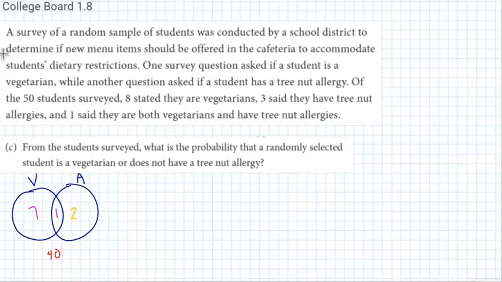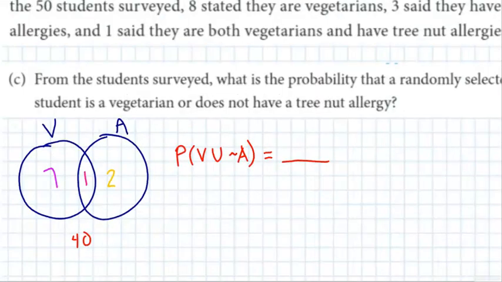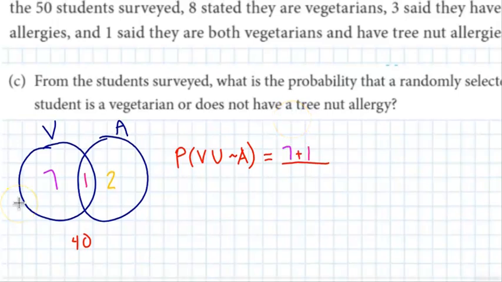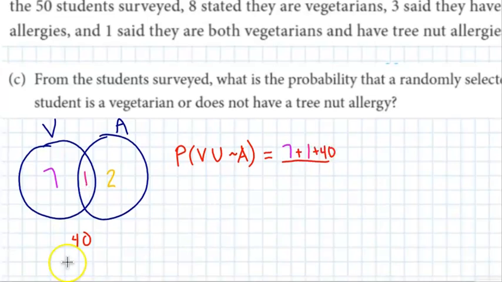Next, we will calculate the probability that a random student is a vegetarian or does not have a tree nut allergy. Since this says or, we need to make sure that we include any student that matches at least one of the 2 conditions. So we'll include the 7 and the 1 because these students are all vegetarians. We will also include the additional 40 students out here because they do not have a tree nut allergy.